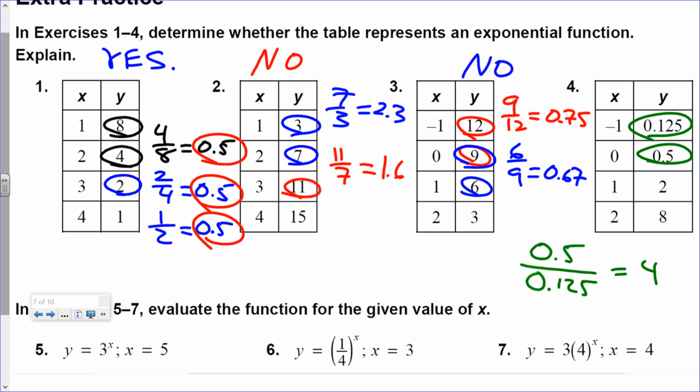So I took the second y value divided by the first y value. I punched it in my calculator. I got 4. Now I'm going to try the third y value divided by the second. Watch this. 2 divided by 0.5. I get 4. This is a yes. It's exponential. If we were to graph it, it would create that ramp of decay or growth. But we're not going to graph them right now. All we want to know is if they're exponential or not.